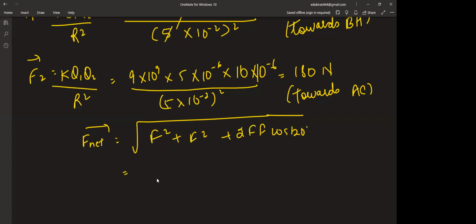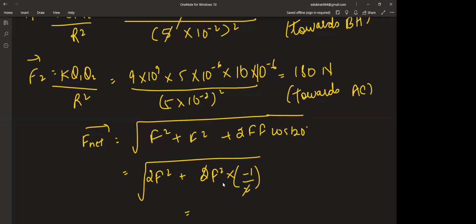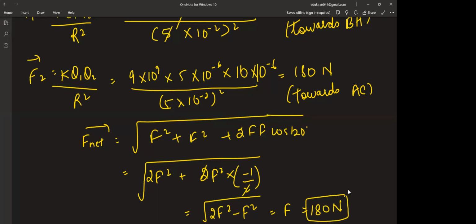This is 2F square plus 2F square into minus half, under root. So this 2 will cancel. This will be 2F square minus F square under root, which is equal to F, that is equal to 180 Newton. So the resultant force is also equal to 180 Newton.